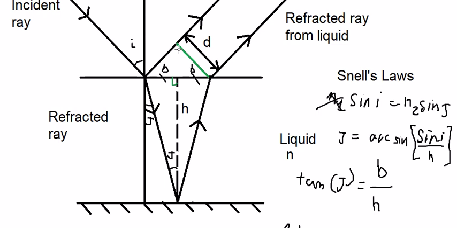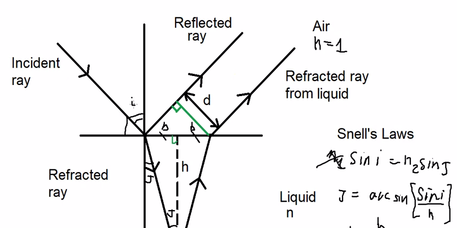We want to find D, and we know this is a right triangle, but we need to find this angle here. If we look carefully on the left, we have I, and this one is a right triangle. We know the angle of the reflected ray will have the same value, that should be I. So we have 90 degrees minus I, we got this angle here.